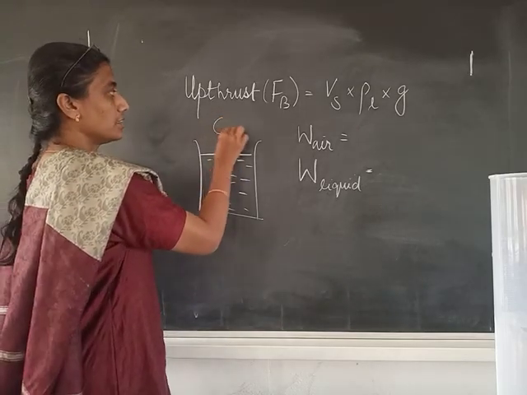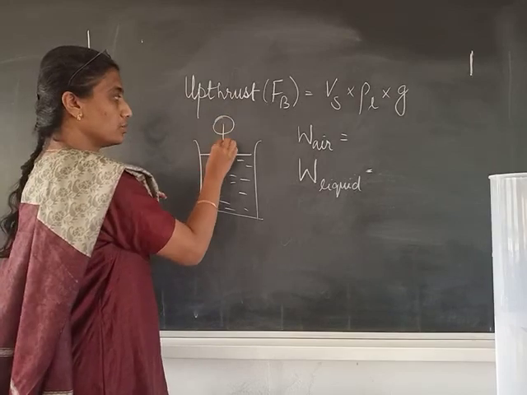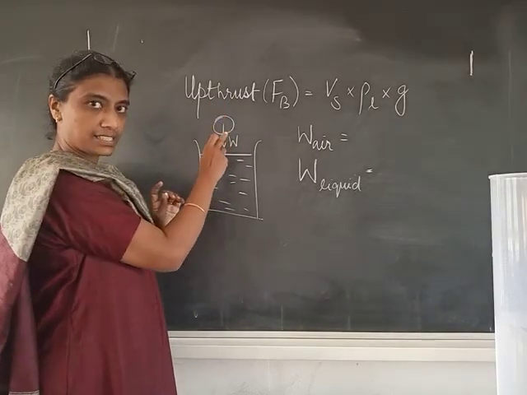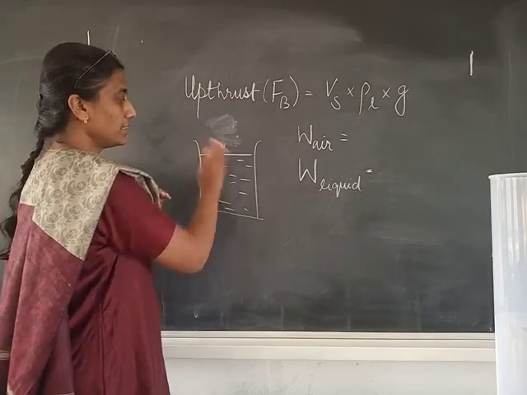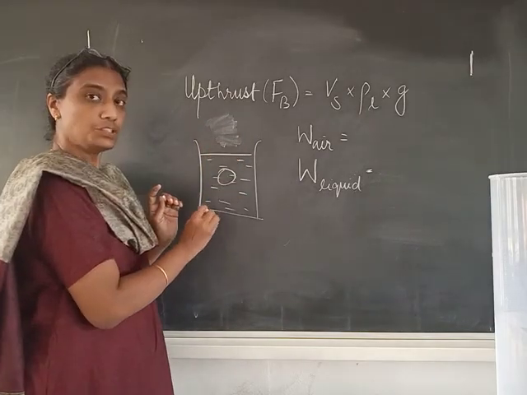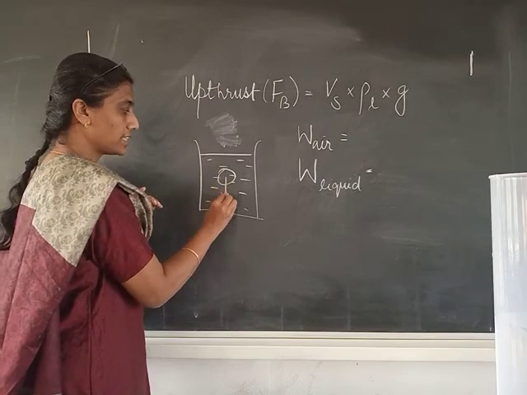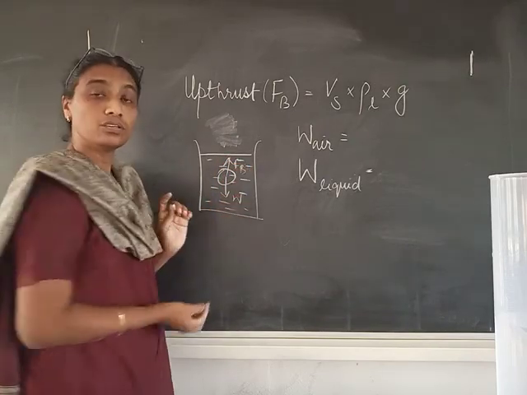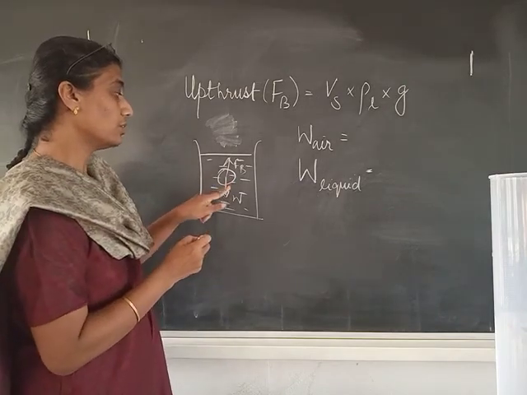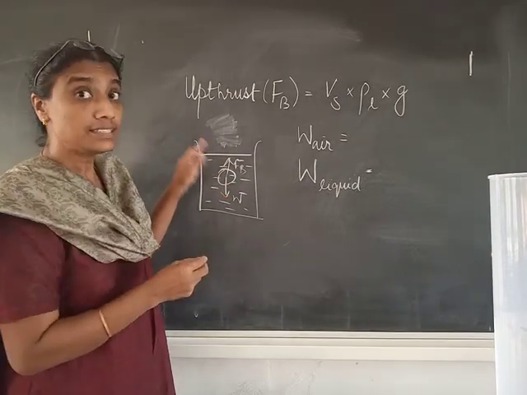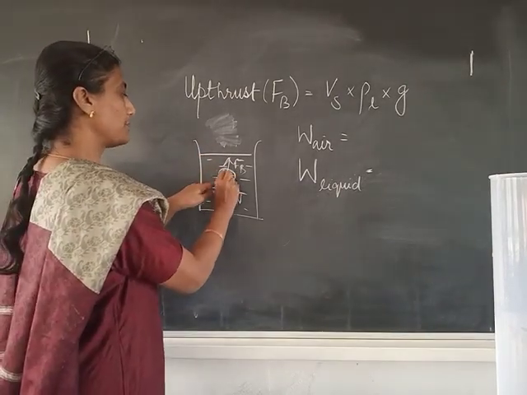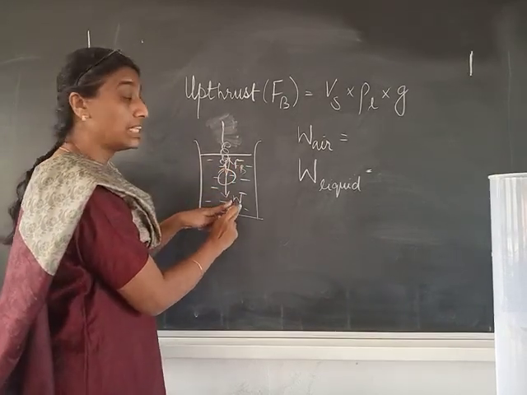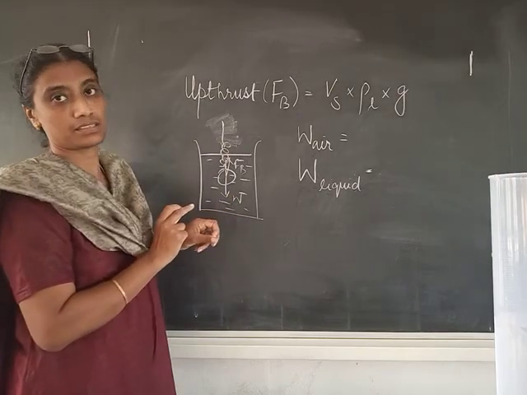So if I hang a body here, what you measure will be its entire weight. But when I put it inside, two forces are acting. Weight is acting down and upthrust is acting upward. So the resultant weight, when I put a spring balance and try to measure, will be W minus upthrust.